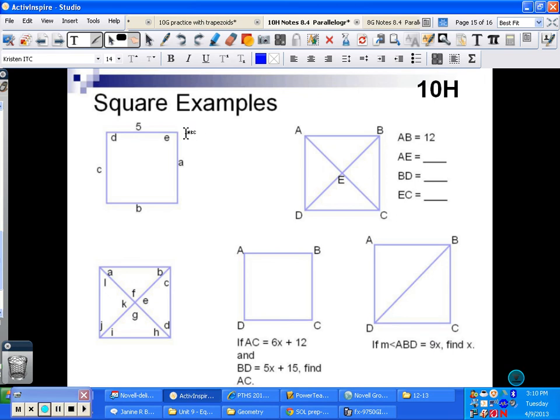We know that A, B, and C are all equal to 5. And then we know that D and E are both equal to 90. That's pretty basic. This problem right here lists a ton of things, but it's not really complicated actually.